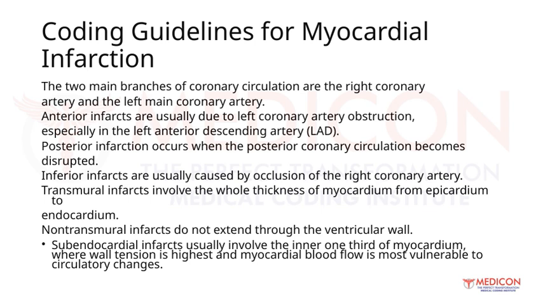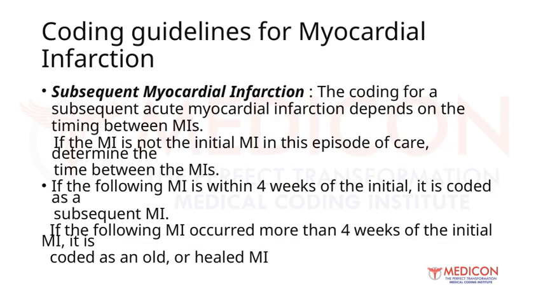When it comes to coding for subsequent myocardial infarctions, the key factor we need to consider is the timing between the MIs. If the MI we're coding isn't the initial one in this episode of care, then we have to look at how much time has passed since the first MI. If the second MI occurs within 4 weeks of the first, we code it as a subsequent MI. This is important because it indicates a new event happening relatively soon after the initial infarction.